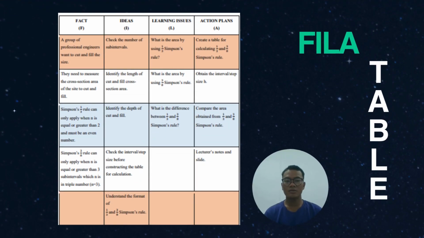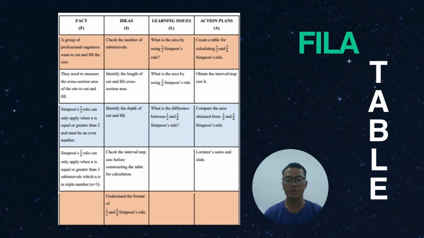Hi, Assalamualaikum. My name is Muhammad Nasir Tawar bin Muhammad Rizwan, with my matrix number CF220128. For my part, I will explain about the filler table. Here are the four columns, which are facts, ideas, learning issues, and action plans. For the first fact, a group of professional engineers want to cut and fill the site, and the idea is to check the number of subintervals.